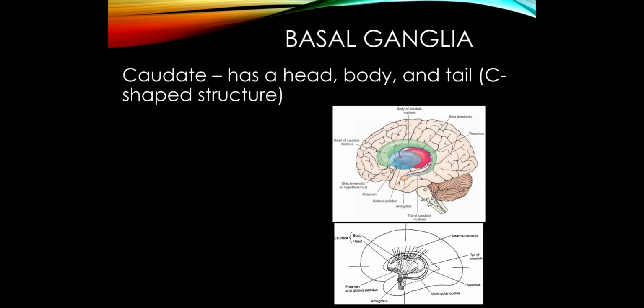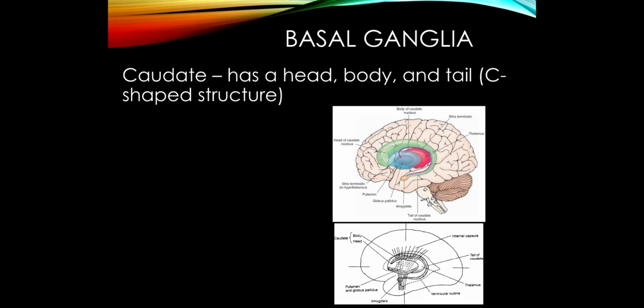Now, one thing that can be confusing about a lot of brain structures is that they have a C-shape. The brain itself is a C-shaped structure, and another C-shaped structure is the caudate nucleus, which wraps around like this. So it has a head, a body, and a tail.